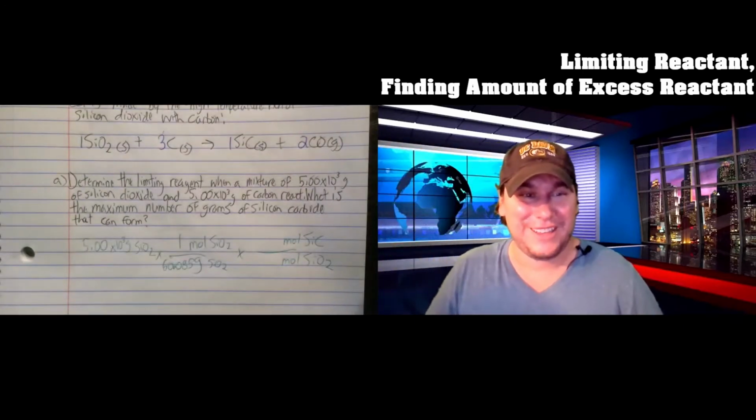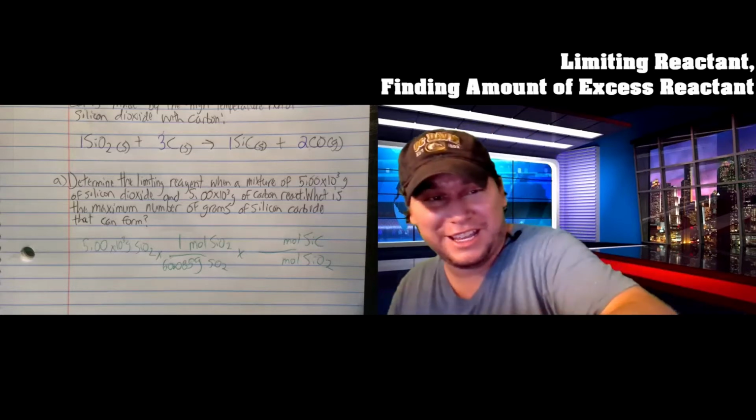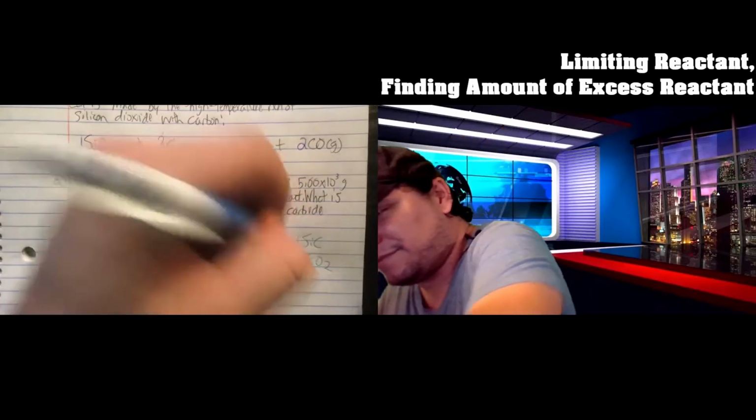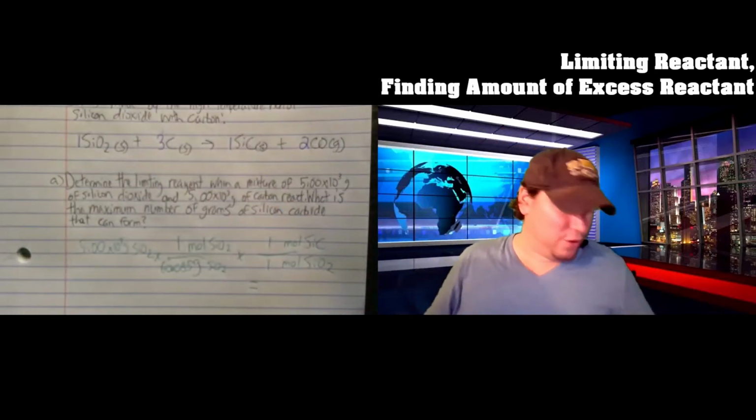There we go. Now let's just fill in the molar ratio. So how many SiO2 do we have for every SiC? And we'll just fill in those numbers. And it looks like it's 1 and 1. And we'll get some molar value out of that.